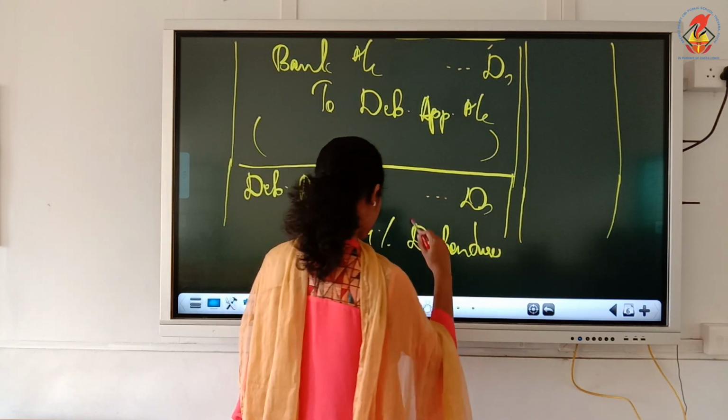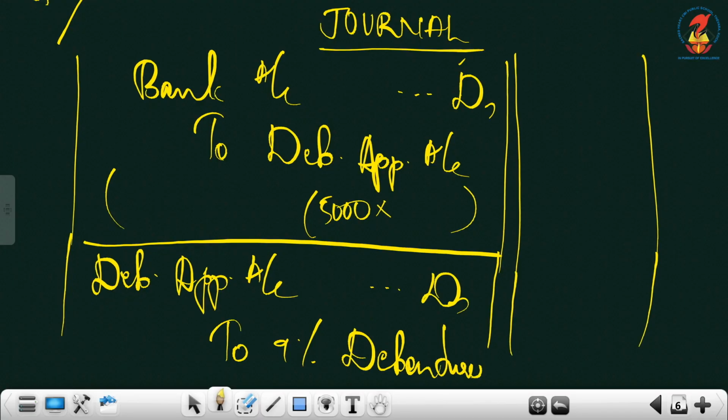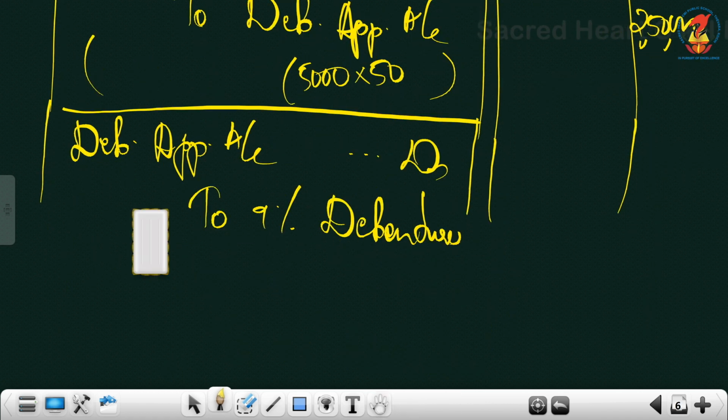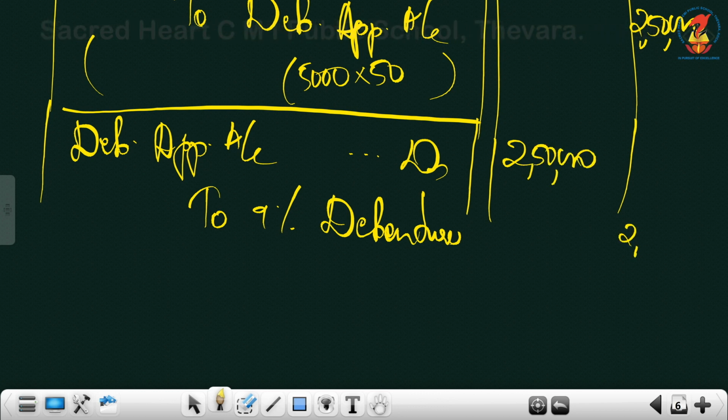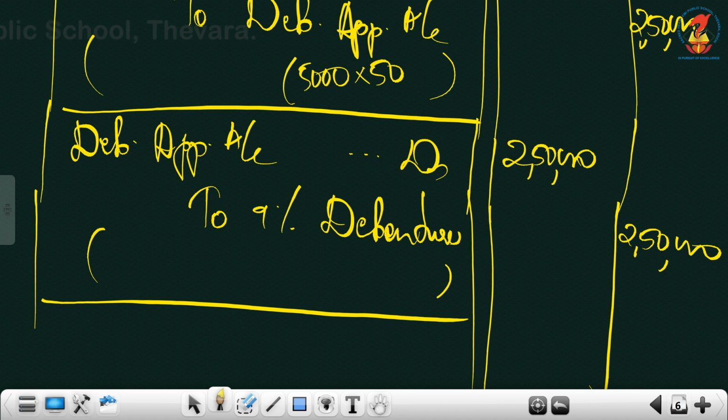So 5,000 debentures you issued, and narration also you have to write. 5,000 into the application is 50, so it is 2,50,000. Then here also it will be the same, because there is no oversubscription, the amount will be same. 2,50,000 debenture application, the same we will write here. If it is oversubscription, amounts will change in these 2 entries.